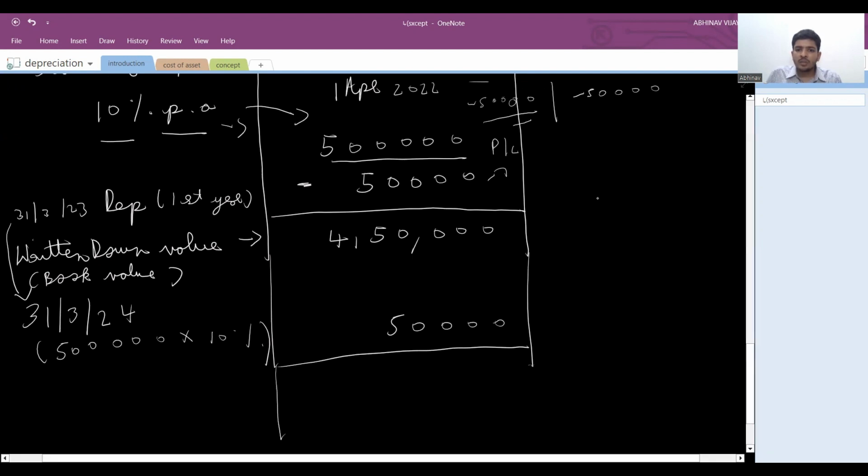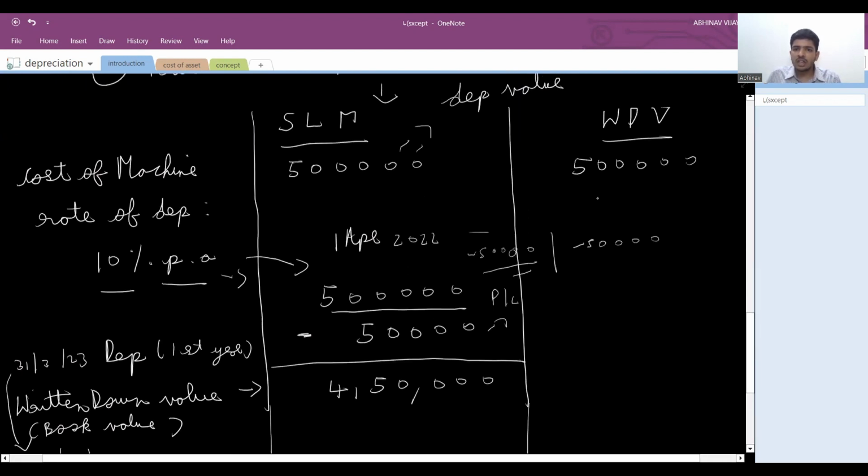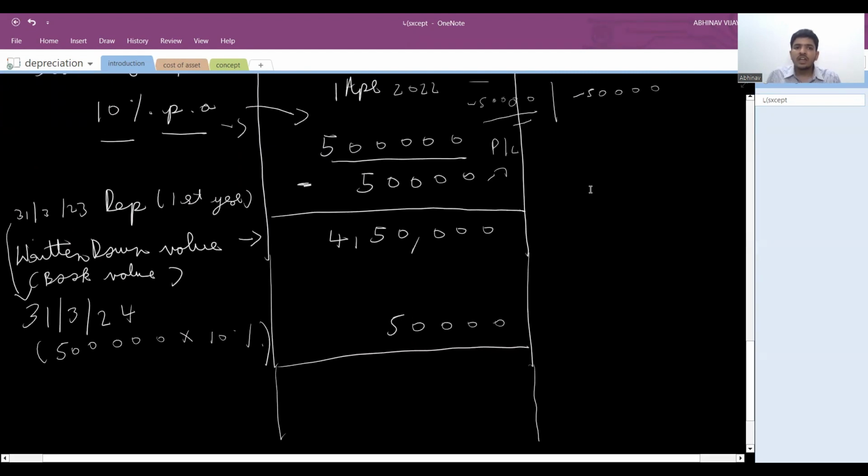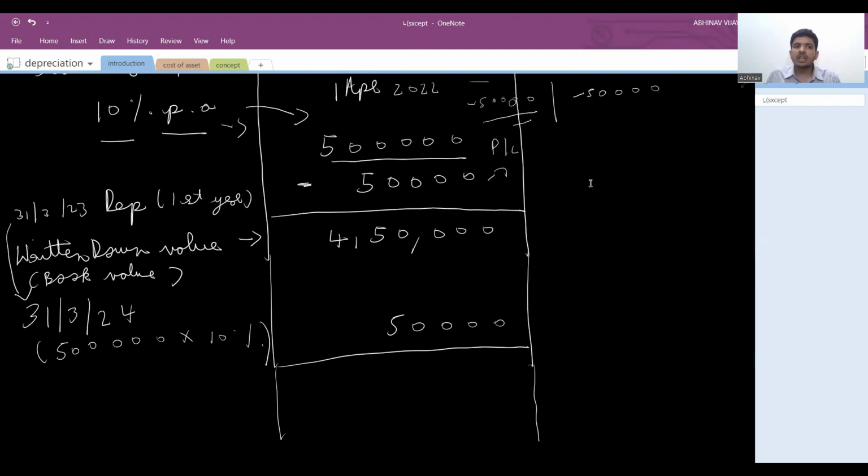Why I am telling you this, you will understand clearly once I explain the WDV also. I am explaining it side by side to show you the clear-cut difference. Whenever I say SLM, you calculate 10 percent on the cost of machinery irrespective of which year you're charging depreciation in. So year 2 is 50,000 rupees.